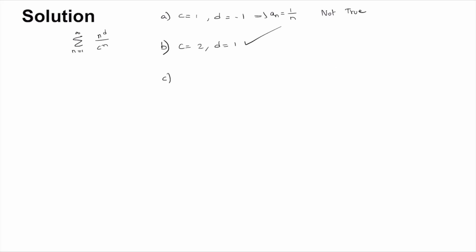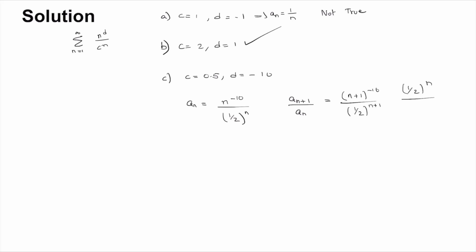Now what about C? C is equal to 0.5 and D equal to minus 10. The same thing you can do. It is going to be n plus 1 to the power minus 10 divided by half power n plus 1 times half power n by n power minus 10.